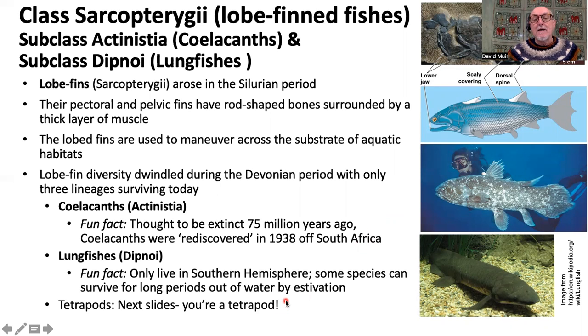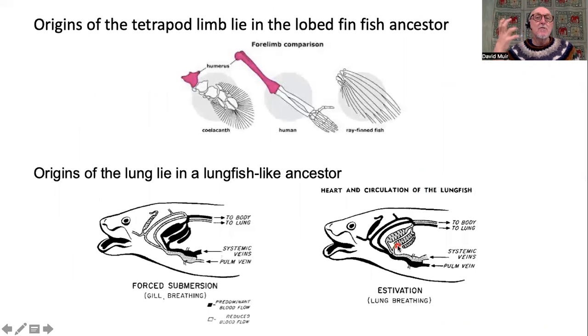So all of the rest of the vertebrates, the whole group which we're going to see are the tetrapods, have all evolved from these ancestral forms, which currently we see the remnants of in the coelacanths and the lungfishes. But the ancestral form probably had structures very similar to these.